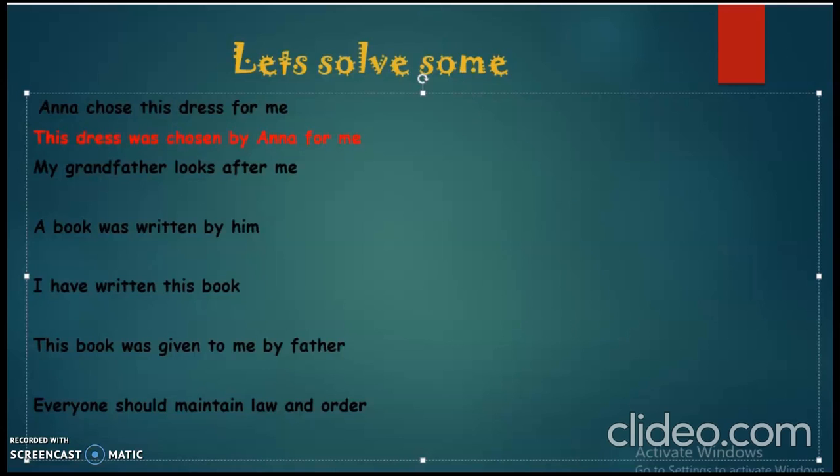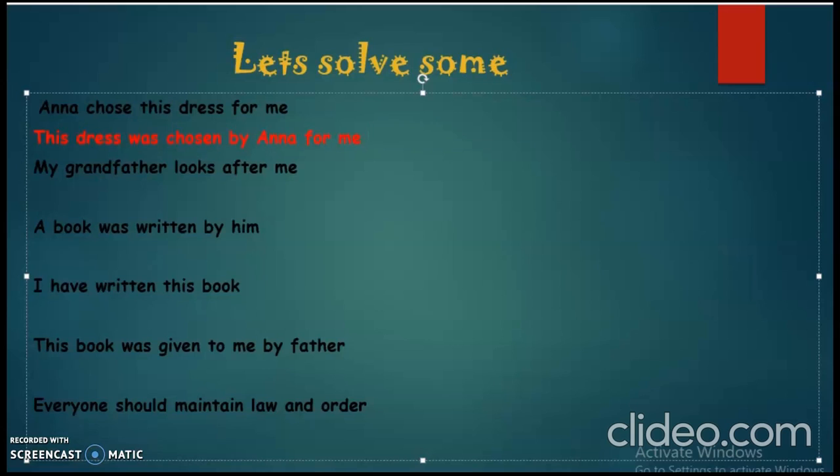Okay? Now, my grandfather looks after me. What is here? It is also an active voice. So, my grandfather looks after me. I am looked after my grandfather. Okay, me becomes I. I am looked after my grandfather.